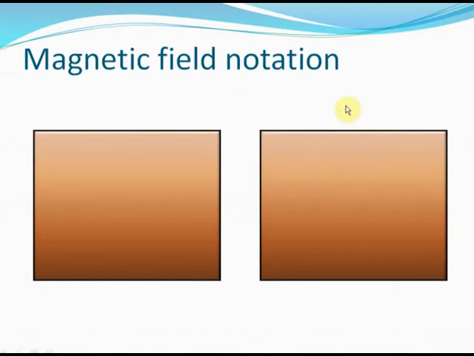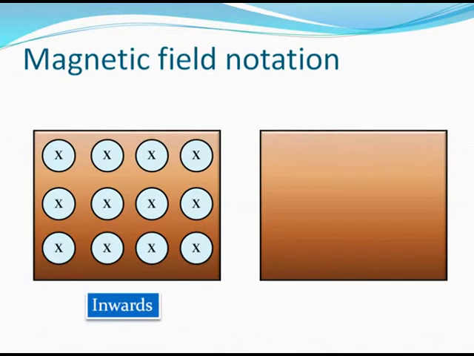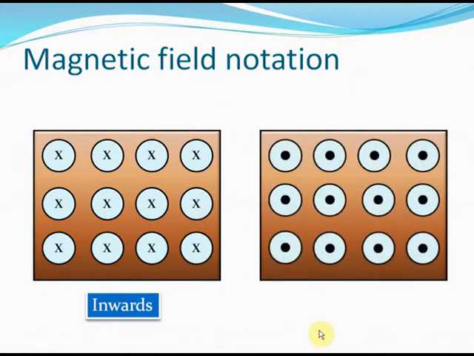The magnetic field notation is another very interesting concept. You see, whenever the magnetic field is acting inwards inside the plane of the paper, it is depicted by these cross symbols that you see on your screen. Whenever the magnetic field is acting outwards, towards you, coming out from the plane of paper, in that case, this symbol is used to depict the magnetic field. Interesting symbols these are, aren't they?